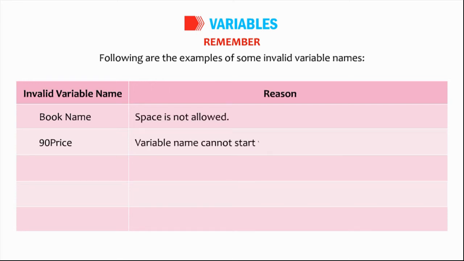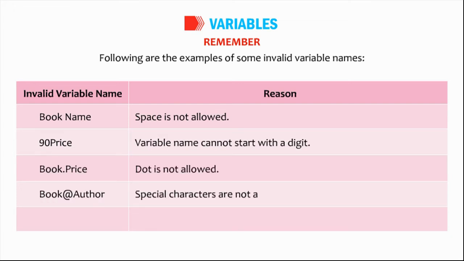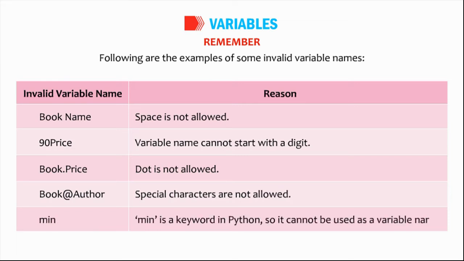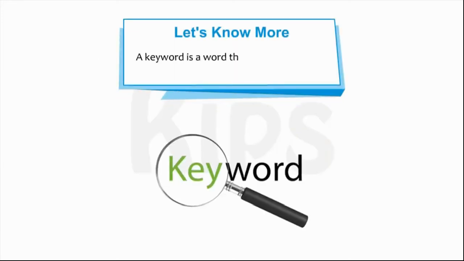Variable name cannot start with a digit. Book.price. Dot is not allowed. Book@author. Special characters are not allowed. min. min is a keyword in Python, so it cannot be used as a variable name. Okay, let's know more. A keyword is a word that conveys a special meaning to the compiler.